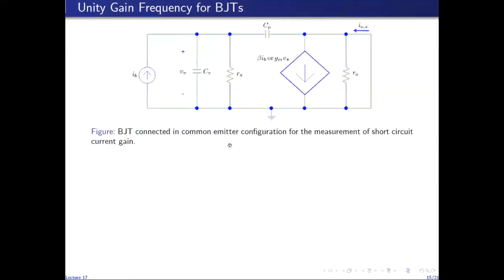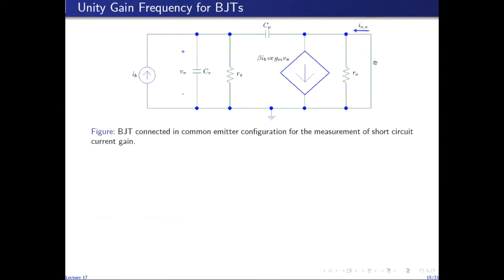The unity gain frequency for a bipolar junction transistor can be found by solving this circuit. This is actually the small signal model of the BJT, and since we are working only on the device, there is no other component. So we excite this BJT at high frequency with this current IB, and we short circuit the output.